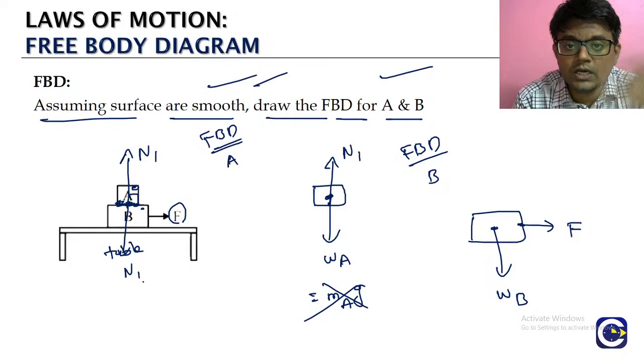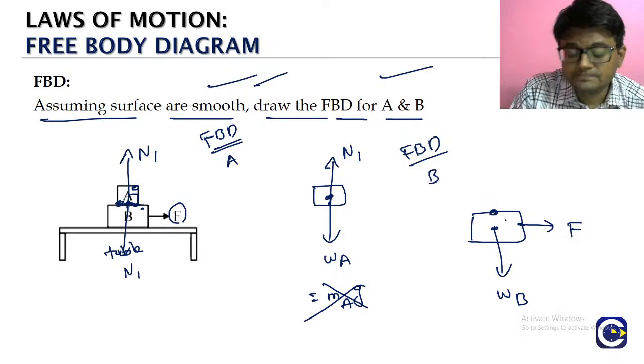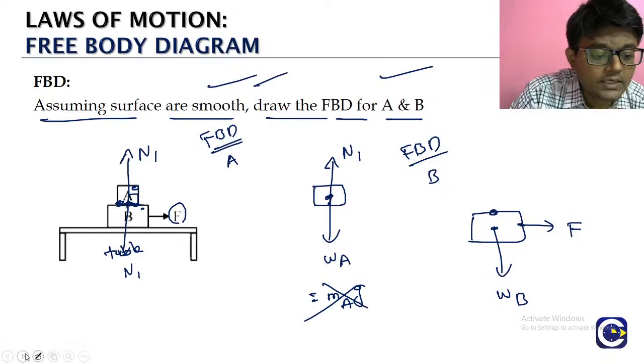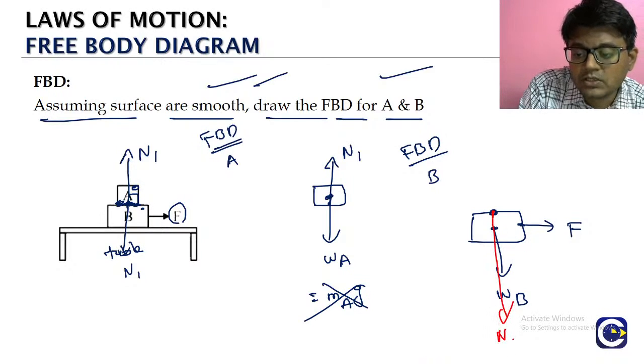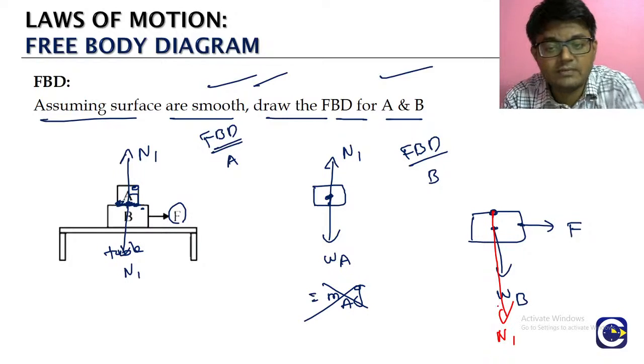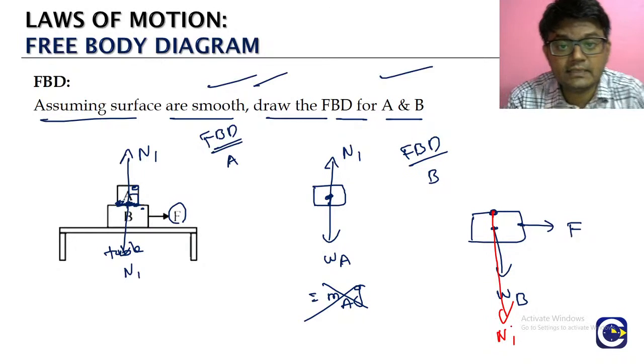As per Newton's third law, equal magnitude, opposite direction. So look at this, guys. There will be a normal reaction acting on B because of the contact. So I have to represent that also in the same line. Maybe the diagram is not coming very clearly. I have to represent that normal reaction N1 also in the same line, the center line of the body.